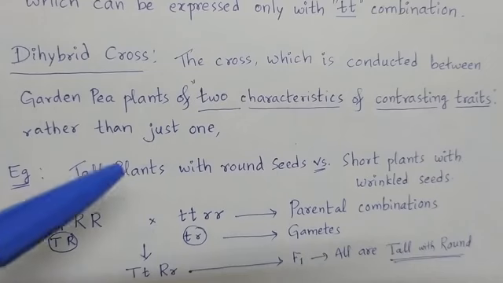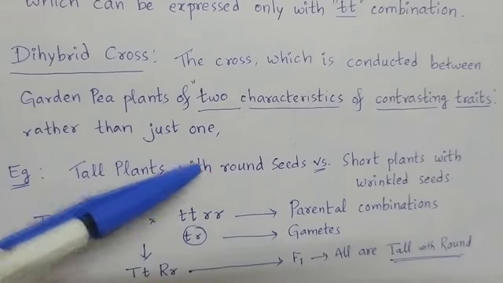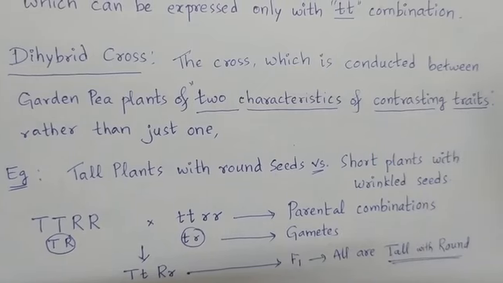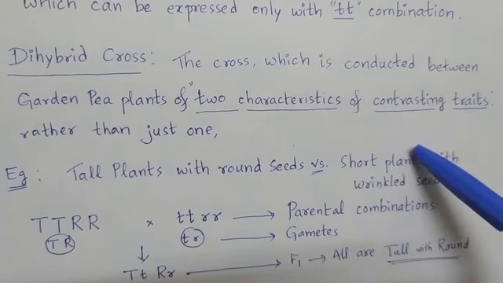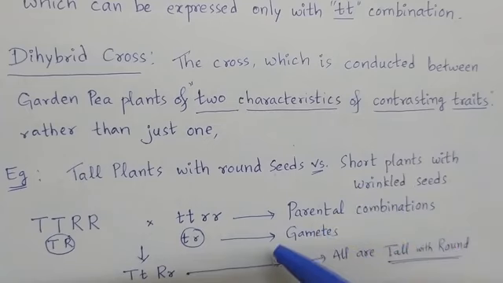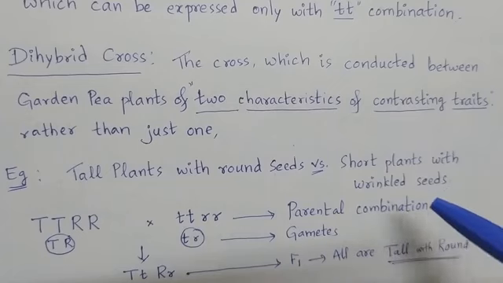And these plants, tall plants with round seeds, they are pure plants. Short plants with wrinkled seeds, they are also pure plants. When the cross is conducted between these two plants, okay, in the F1 generation, all plants were obtained with tallness and round seeds.